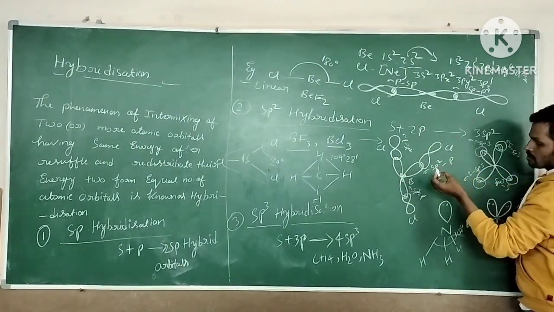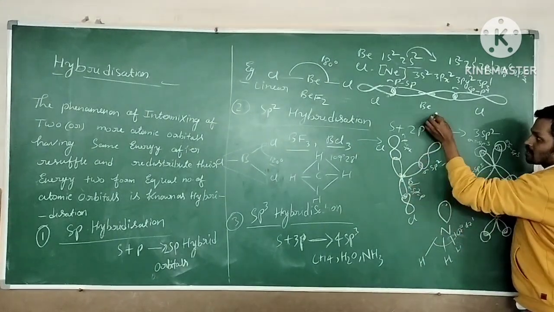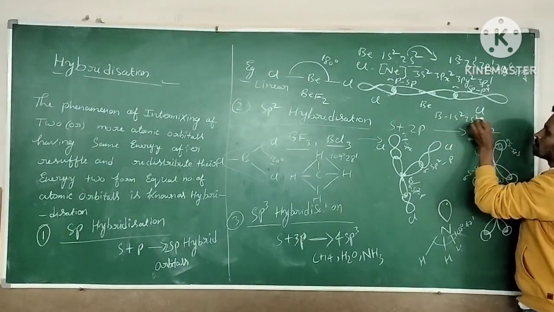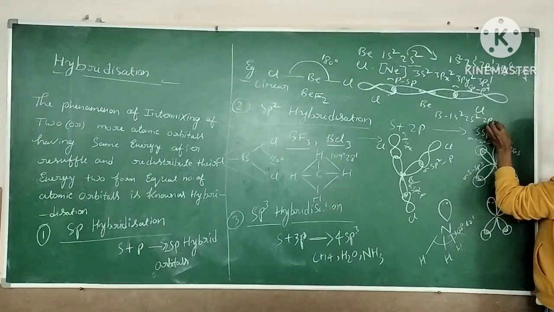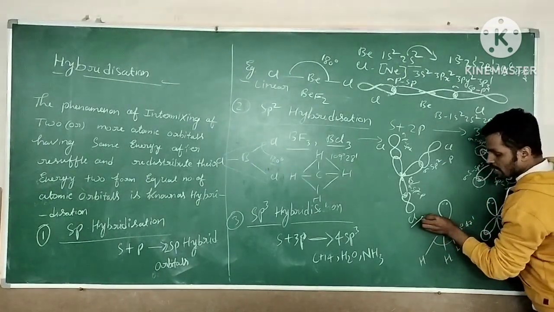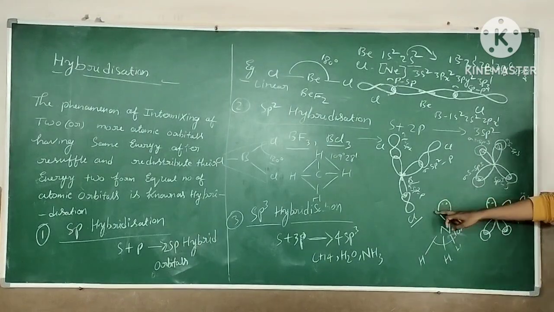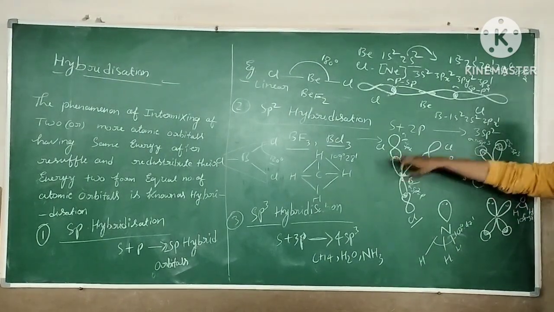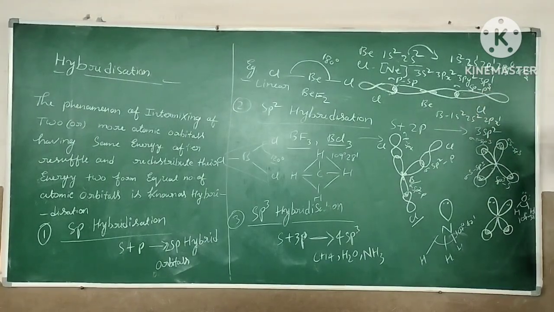For example, the boron electron configuration is 1s2 2s2 2px1. Chlorine already has one unpaired electron, but how many chlorines are there? Three chlorines. That means we need two more electrons available.